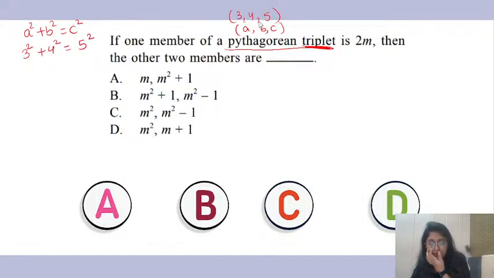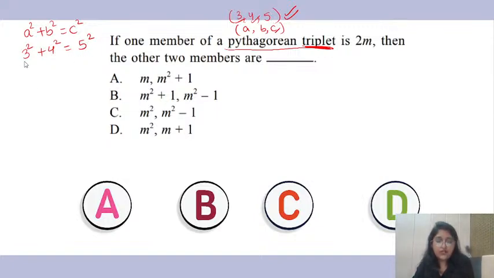I just put the values of a, b, and c as 3, 4, 5. This is one of the Pythagorean triplets.